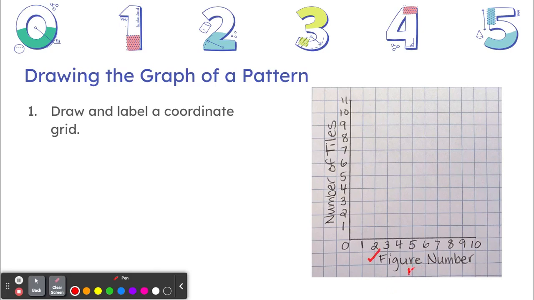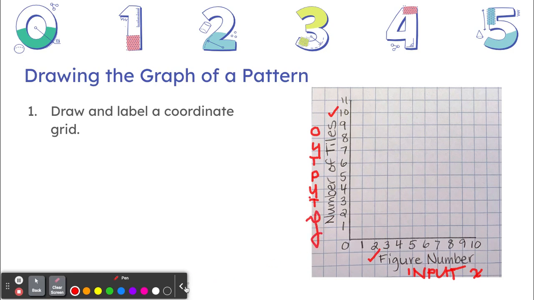So that is my input column that goes on the x-axis label. Okay, so let's remember that. Our input goes on the x-axis, and then number of tiles is my value for the output. So the output column is always going to be the label for our y-axis.